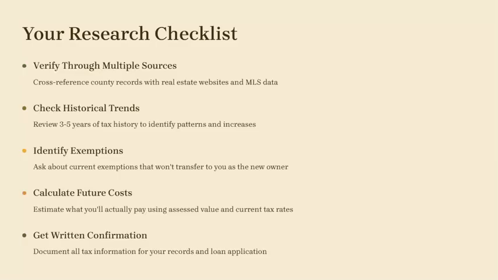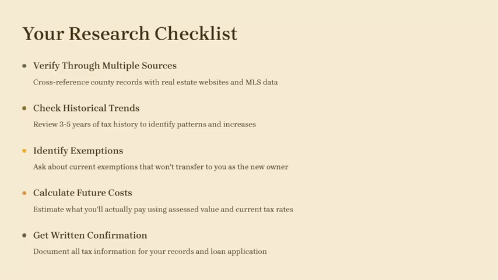Research your checklist. First, verify through multiple sources. Cross-reference county records with real estate websites and MLS data. Check historical trends. Review 3 to 5 years of tax history to identify patterns and increases. Identify exemptions.